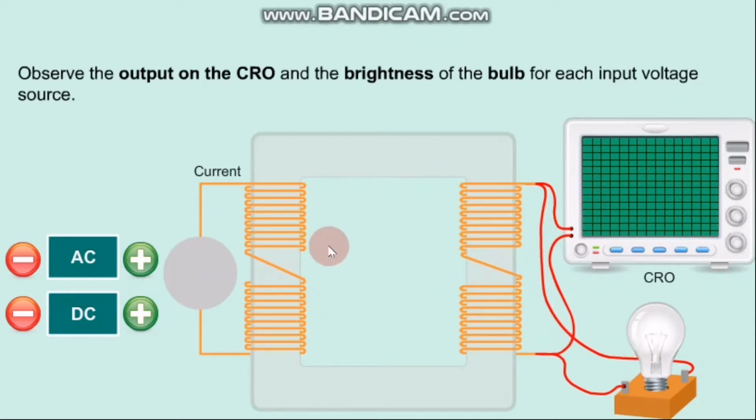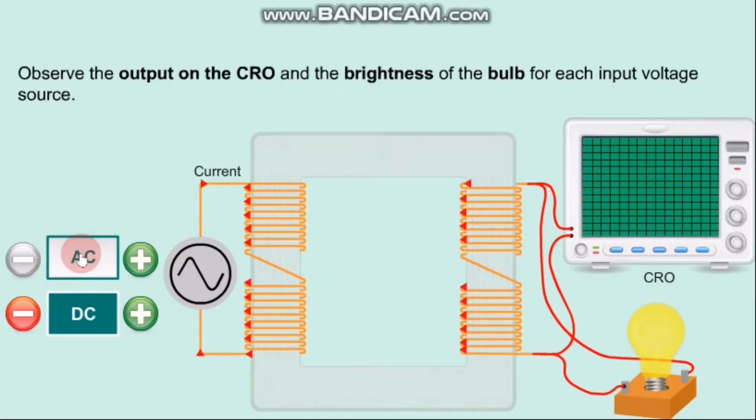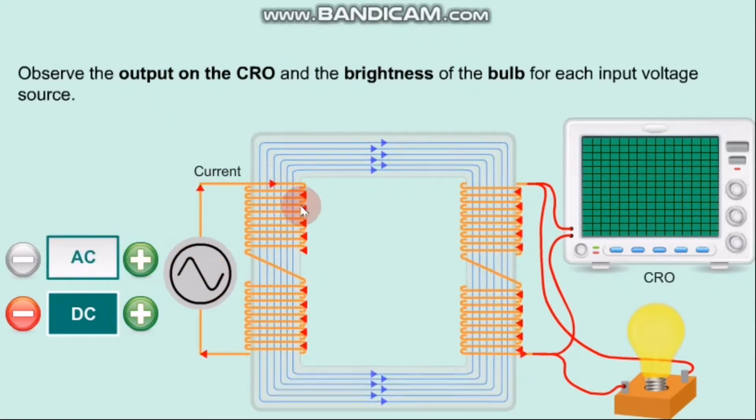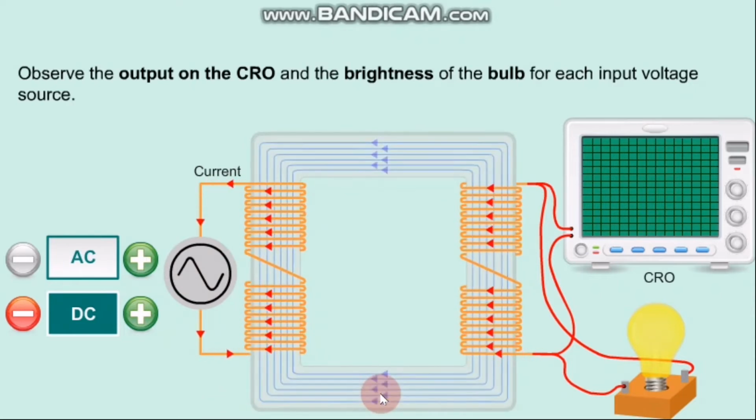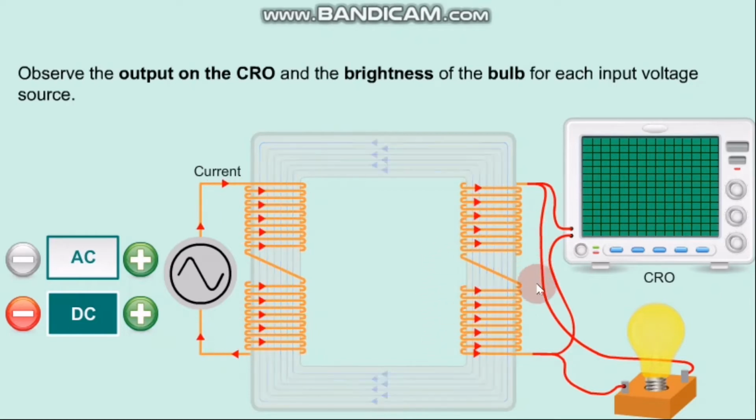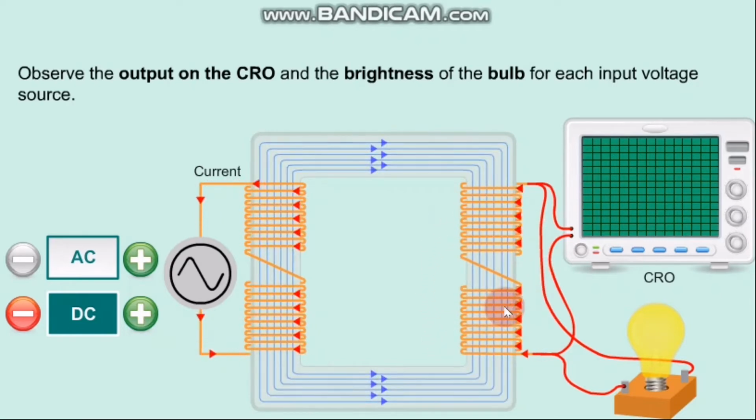And the primary coil and the secondary coil have the same number of turns of coil. So first, we connect AC voltage. So you can see that there is a current flow in the primary coil and there is a magnetic field line on the soft iron core, and at this side, current flow at the secondary coil lights up the bulb.